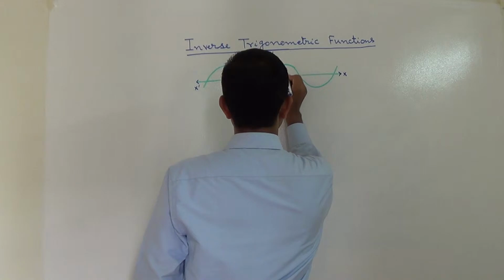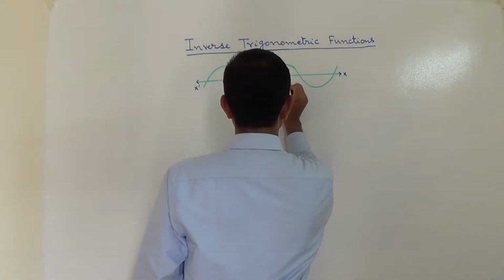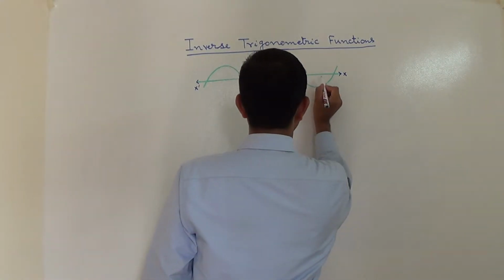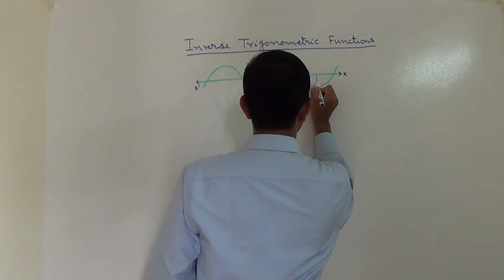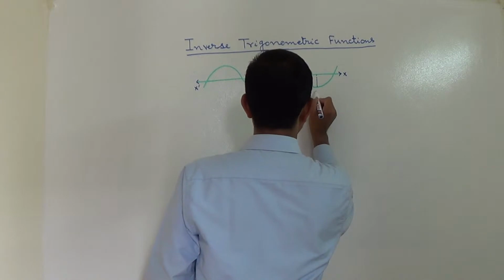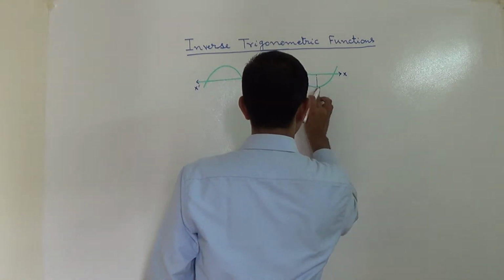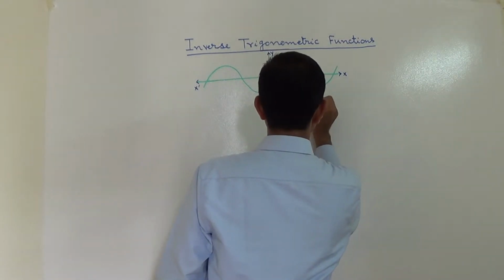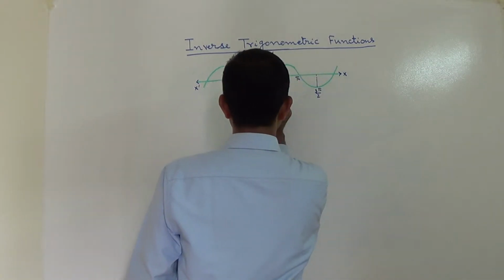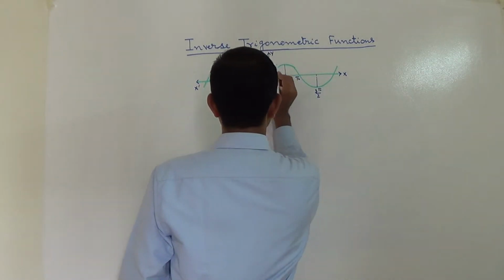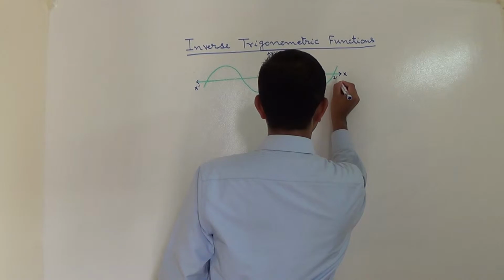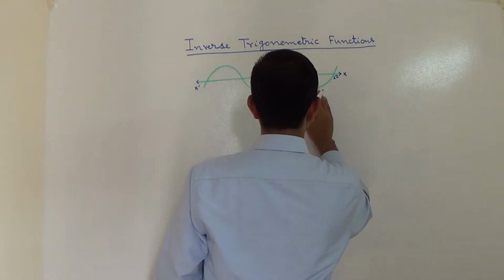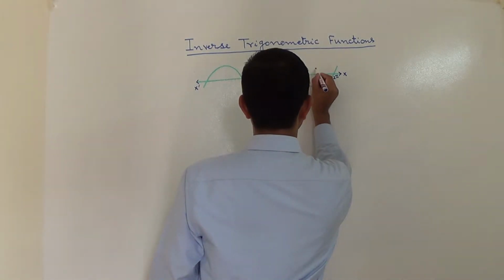This is where sine attains the maximum value, pi by 2. Then this is pi, and this is 3 pi by 2. The minimum value is minus 1 and the maximum value is plus 1, and then it is 2 pi.